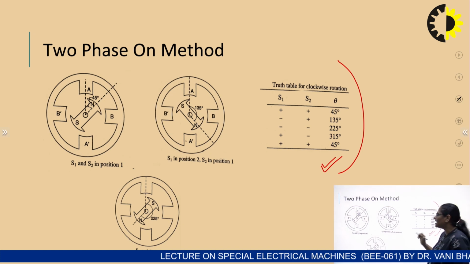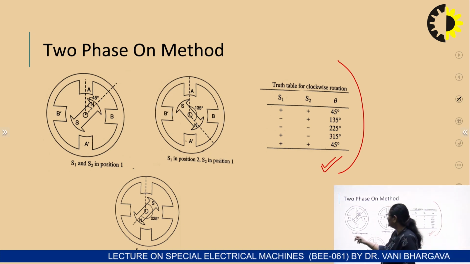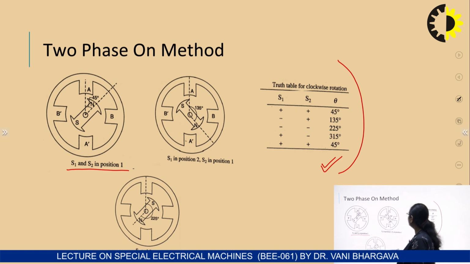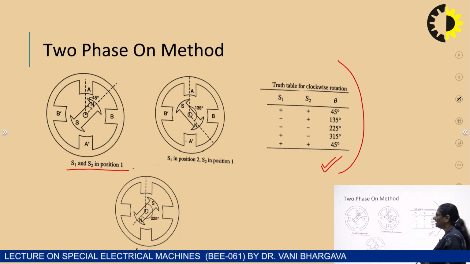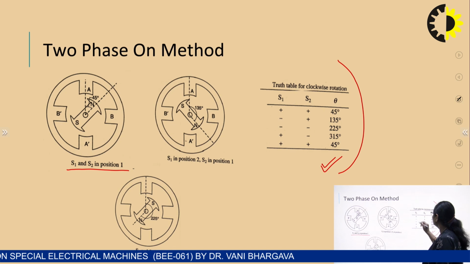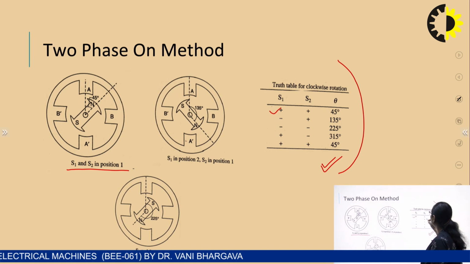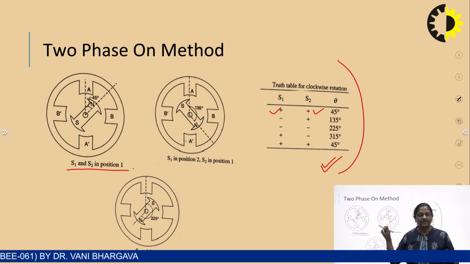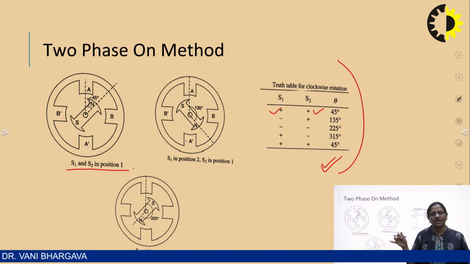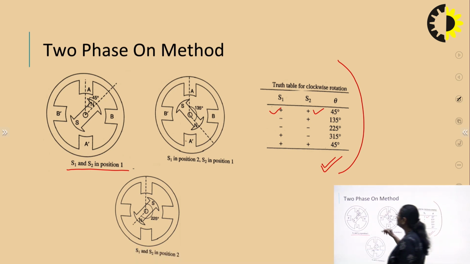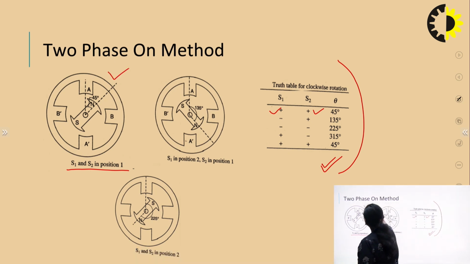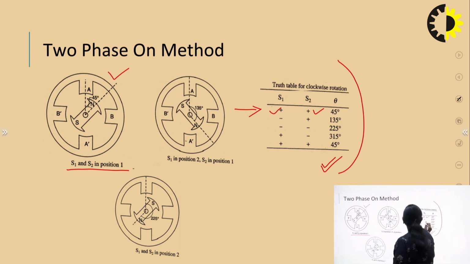Now let us start considering various cases. S1 and S2 both are in position 1. So S1 in position 1 and S2 in position 1 indicate that the current in phase A as well as in phase B is positive, right? And this is the rotor position pertaining to the very first entry in the truth table for clockwise rotation of the machine.